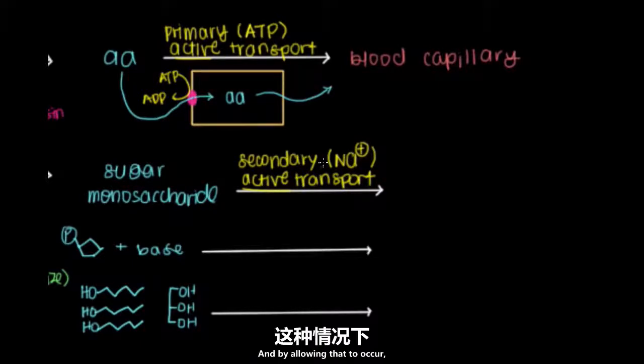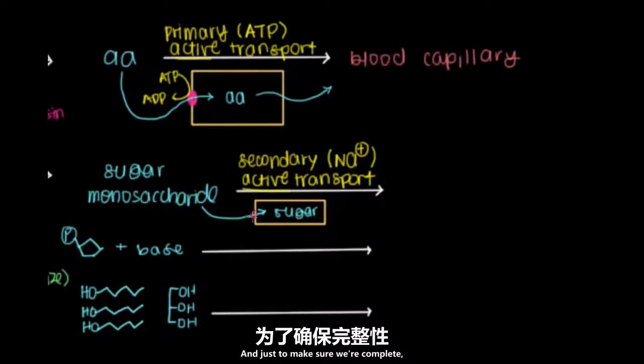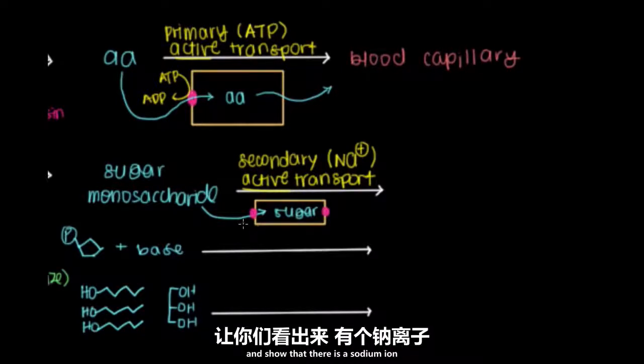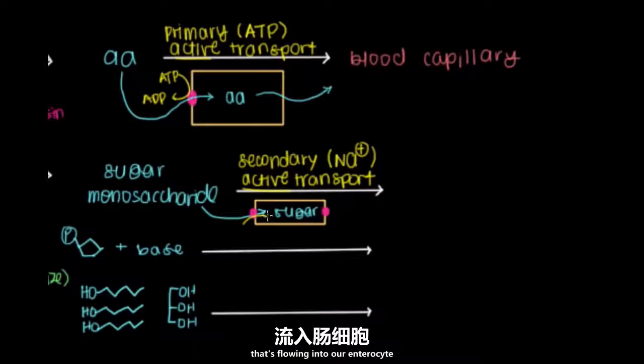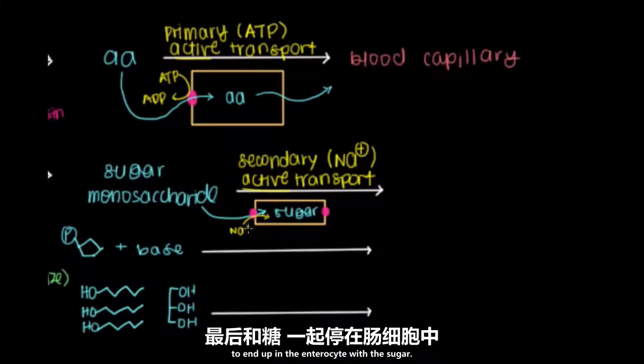And by allowing that to occur, energy is then harnessed, allowing a monosaccharide or a sugar to enter into our enterocyte. And just to make sure we're complete, I'm going to draw the protein transporter we have here, as well as one on the other side, and show that there is a sodium ion that's flowing into our enterocyte down its concentration gradient to end up in the enterocyte with the sugar.